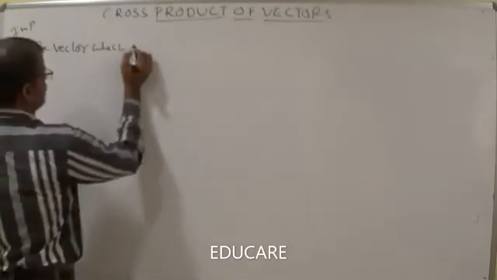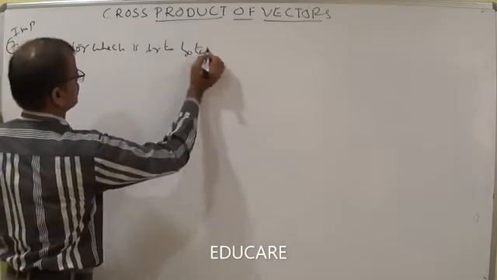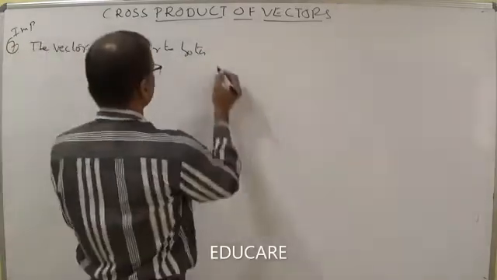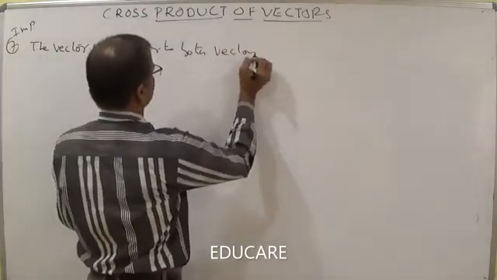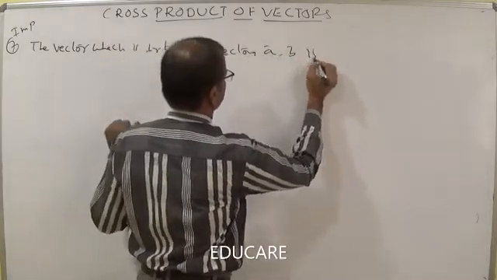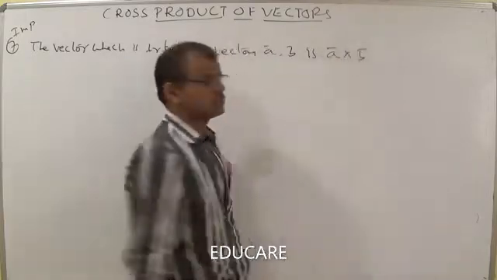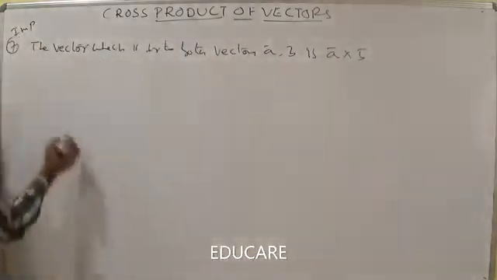This is an important point. The vector which is perpendicular to both vectors A bar, B bar is A bar cross B bar.